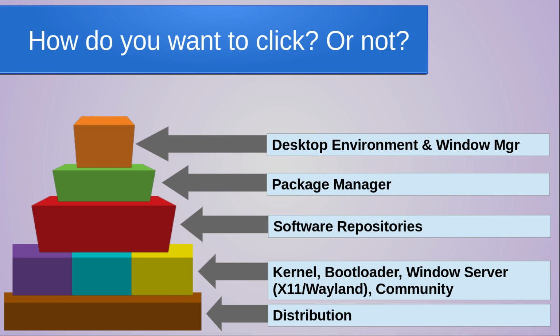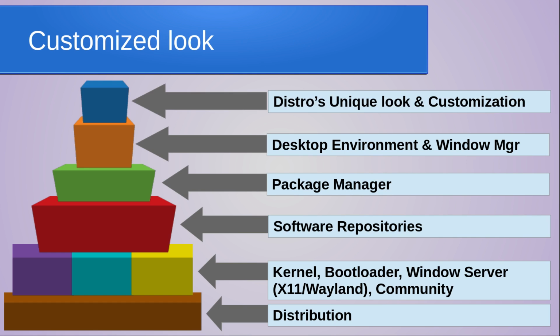So even once you get to this point and you're like, okay, I want to use this desktop environment and I like this package manager, this has a good community and all this works for whatever distribution. Each distribution will have its own custom look. So like GNOME won't look the same on Manjaro as it does on Ubuntu or on Debian or on Fedora.